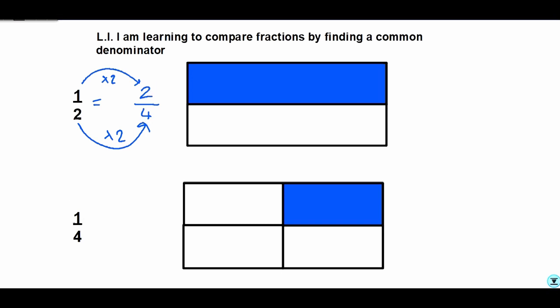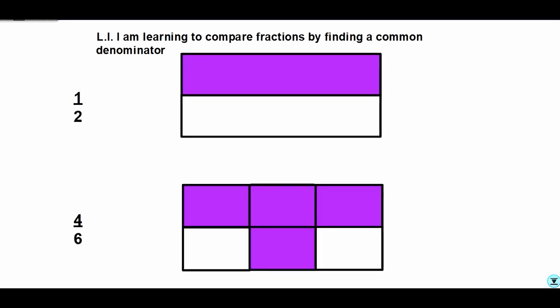What we have effectively done is we've taken this half here and we've split it into quarters. So we now have 2/4, 1, 2, where we previously just had 1/2. The fraction hasn't changed, it's still the same fraction, but it's shown in a different way that allows us to compare using a common denominator. So that's what we mean by a common denominator here. We make the denominator, the bottom number, the same so that we can compare them.